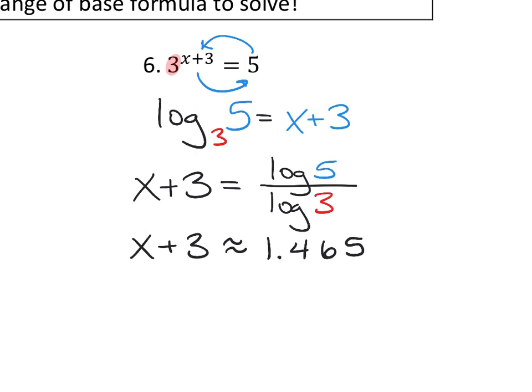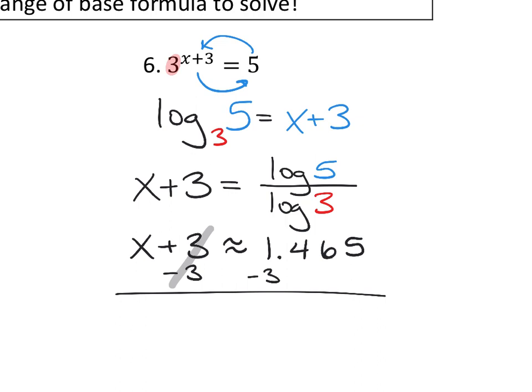However, that is x plus 3. Do we want to know what x plus 3 is, or do we want to know what x is? Okay, how do I get rid of that plus 3? Not add, subtract it. Okay. Well, your calculator still has that number typed in, so just press minus 3.